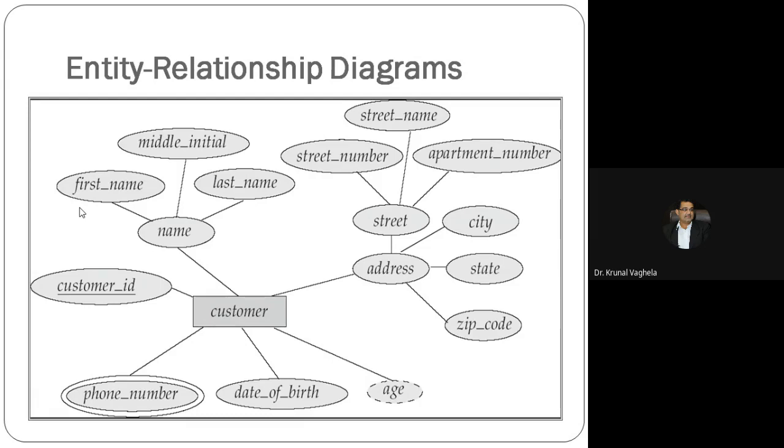Composite, because it is subdivided into first name, middle name and last name. Then address, which type of attribute is address? Composite, because it is subdivided into street, city, state.